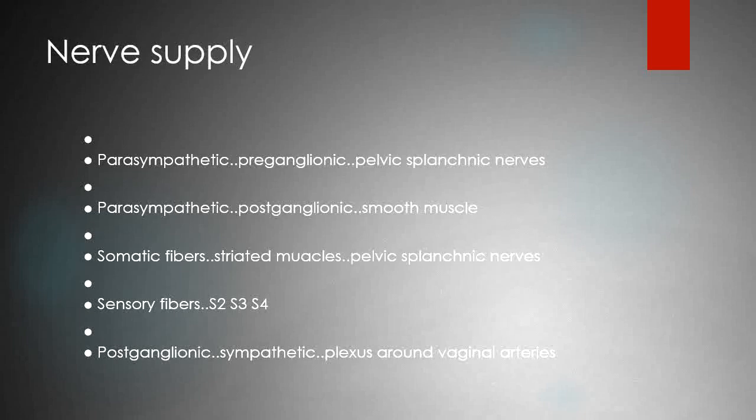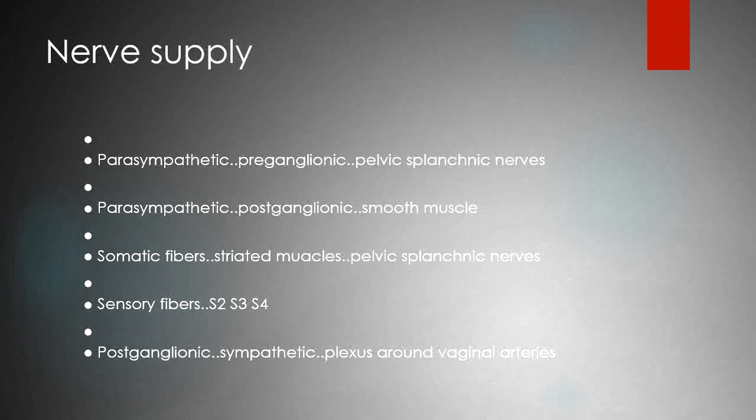Now the innervation of the female urethra. The nerves to the urethra arise from the vesical plexus and the pudendal nerve. The parasympathetic preganglionic fibers arise from the second, third and the fourth sacral segments of the spinal cord. These fibers run through the pelvic splanchnic nerves and synapse in the vesical venous plexus. From here, the postganglionic fibers reach the smooth muscles.